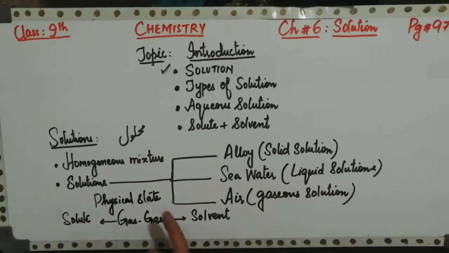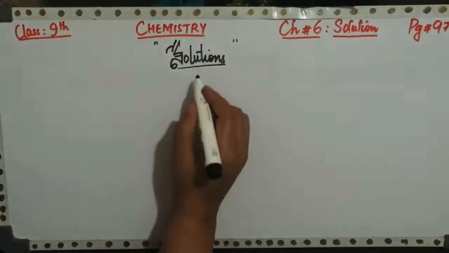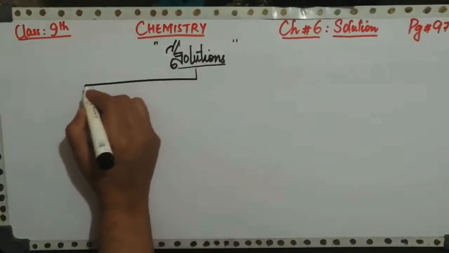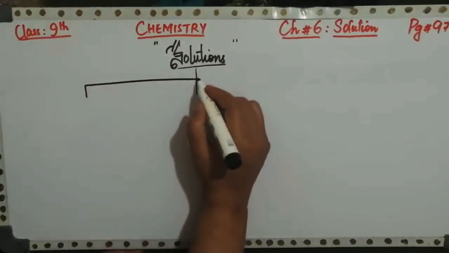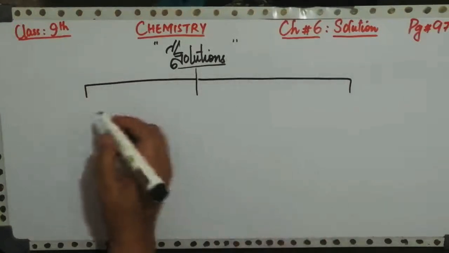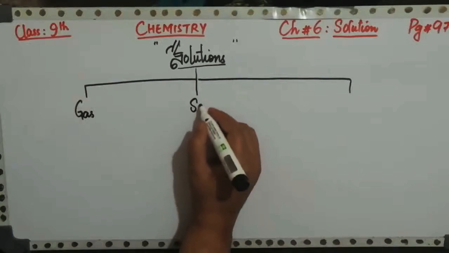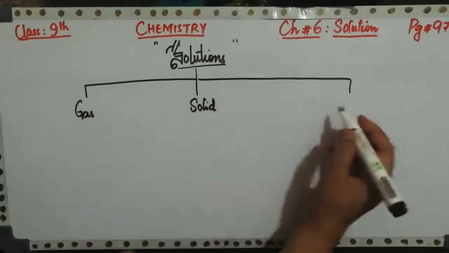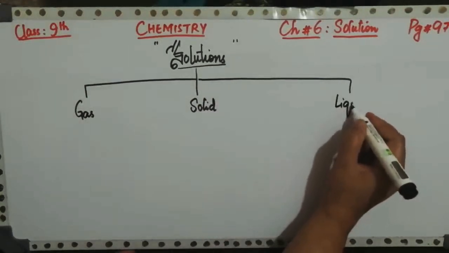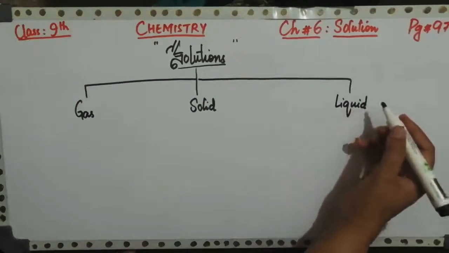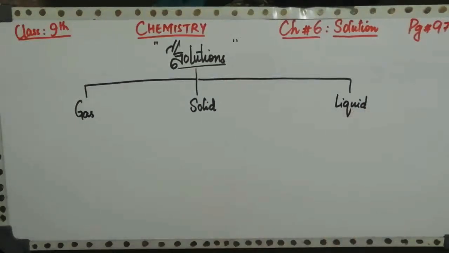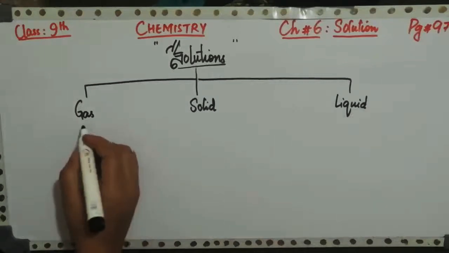They are combined because it is a mixture, and mixtures do not have the same composition throughout. Now finally we can say that solutions are of 9 types depending upon the physical state. If I start from gas, solid and then liquid, what are those 9 types of solution which I am going to make from these physical states?